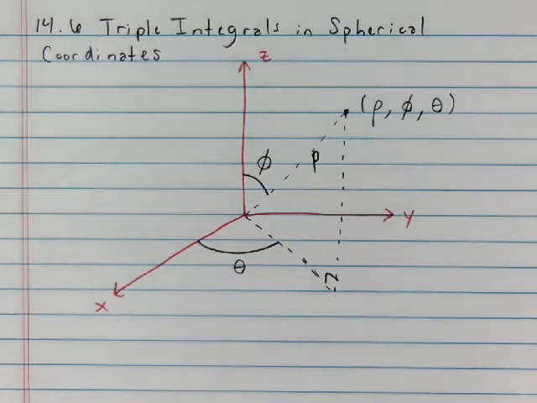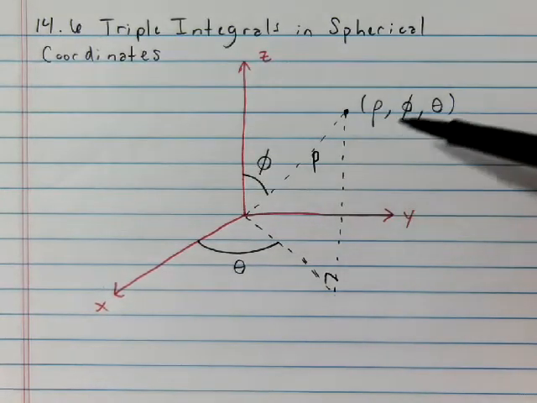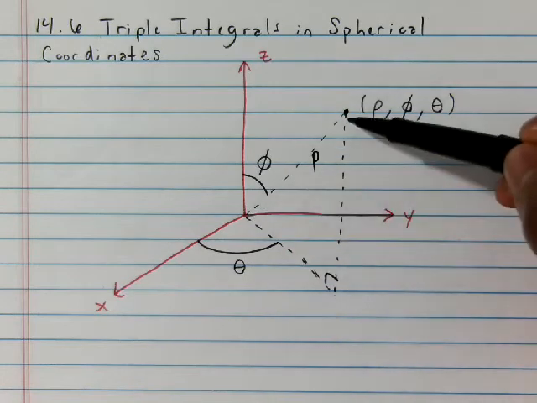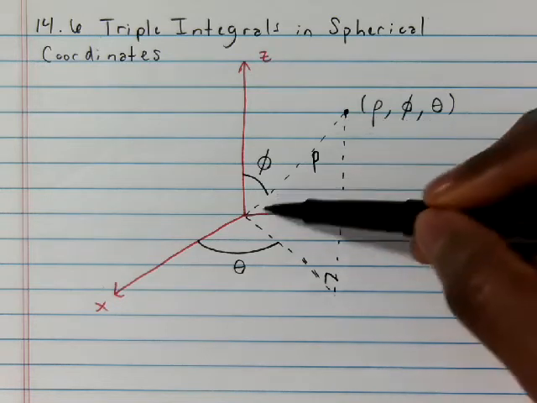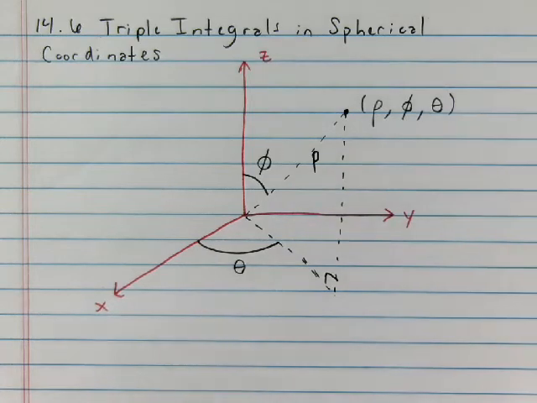So now we need to talk about what our restrictions are on rho, phi, and theta. Rho is kind of like our r that we had in polar coordinates and in cylindrical coordinates. It's a distance from the origin, so rho is always going to be greater than or equal to 0.